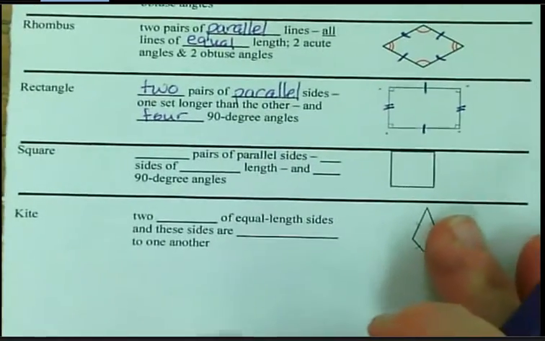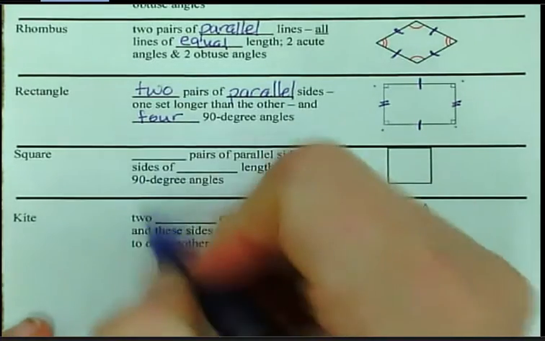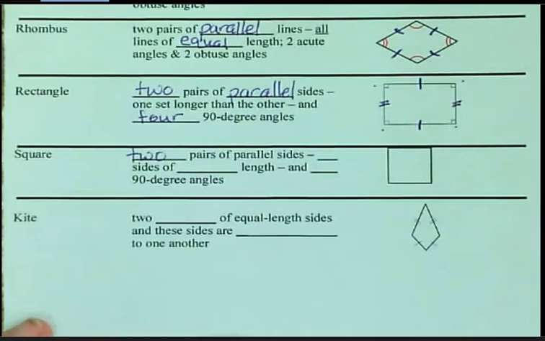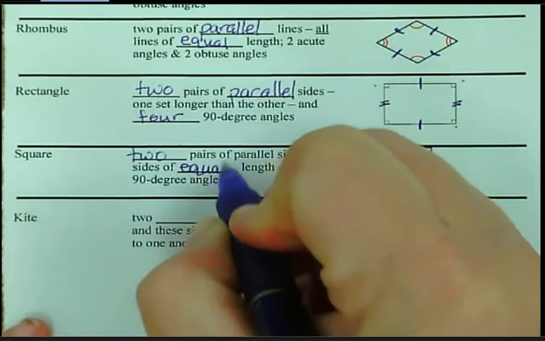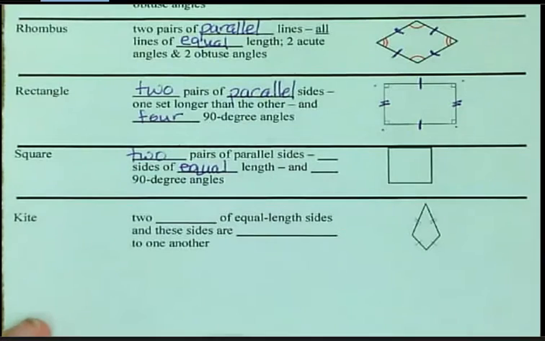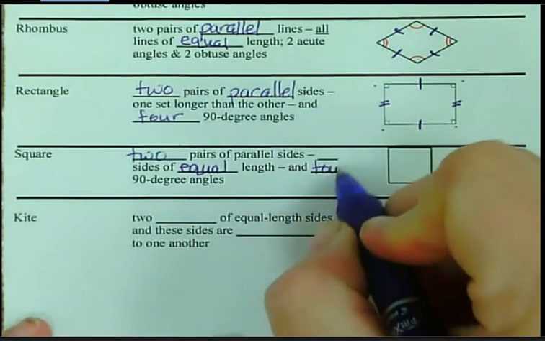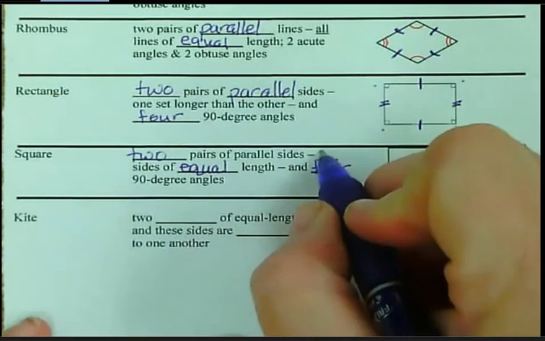Here's the one that you learned first, probably when you were learning shapes. This is a square. You have two pair of parallel sides of equal length. So like a rhombus, all the sides are equal, but you end up with four. Oh, I forgot a word here.